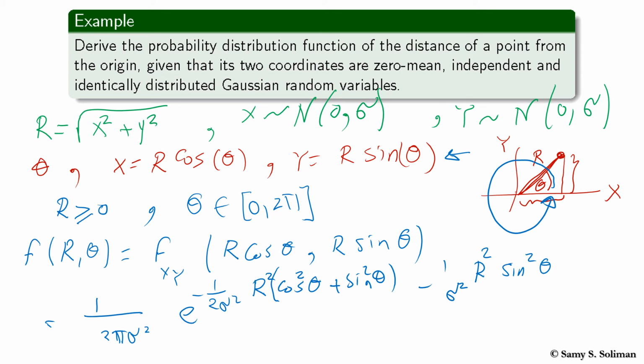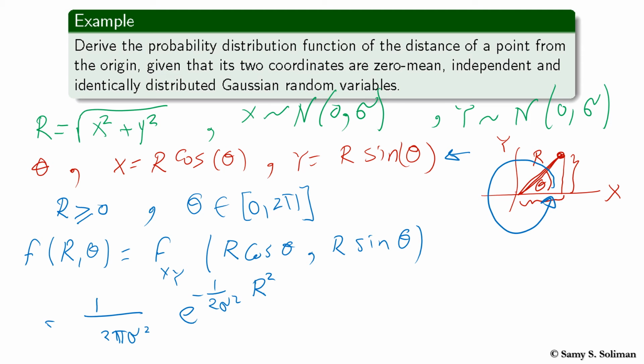We know that cosine squared theta plus sine squared theta is equal to 1. So we get e power negative r squared over 2 sigma squared.